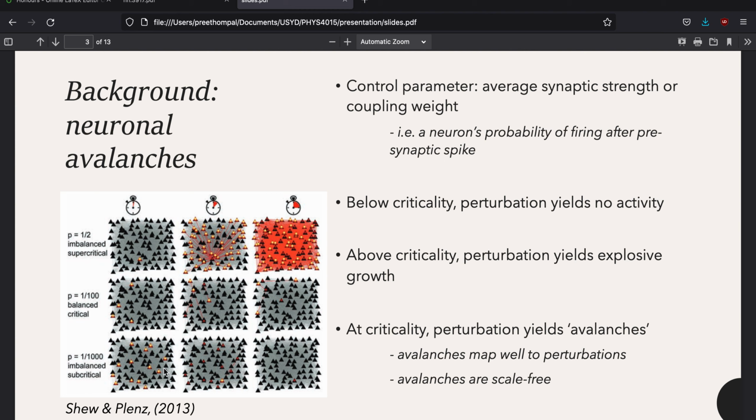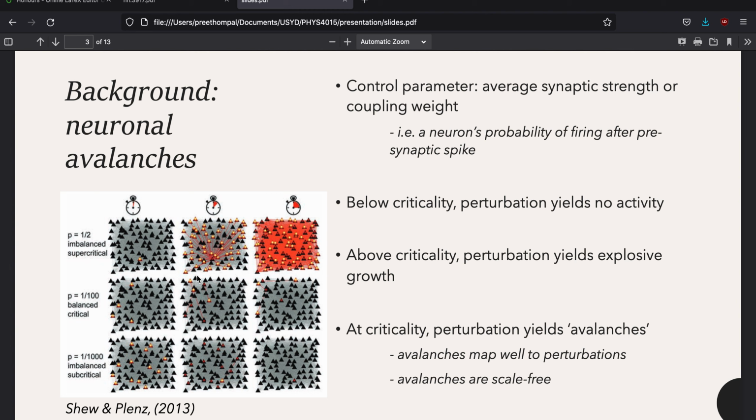So if this probability is very low, below criticality, and we introduce some perturbation, in other words, we cause this many neurons to fire, we see that there's essentially no propagation, right? And then above the critical point, some perturbation, actually just to one neuron, leads to this explosive growth.